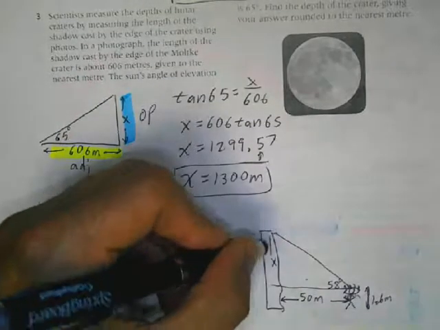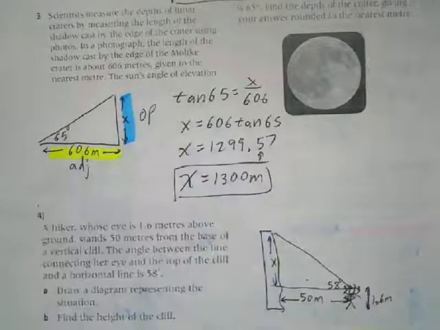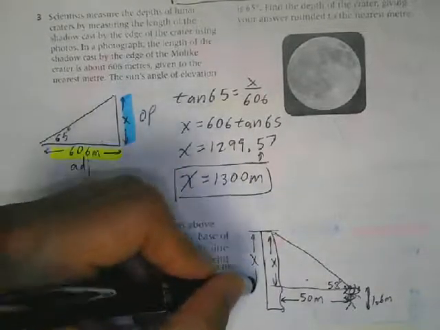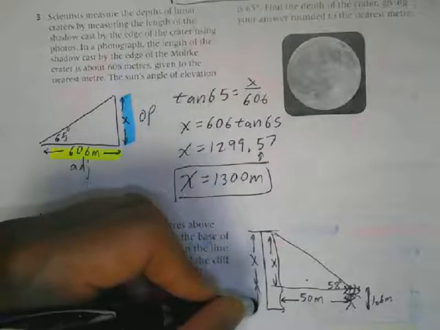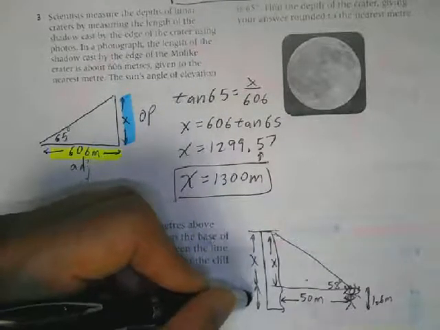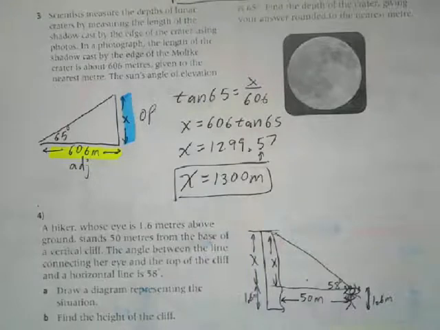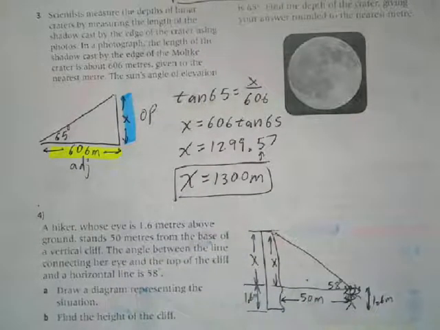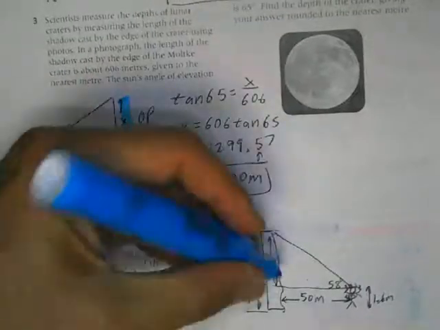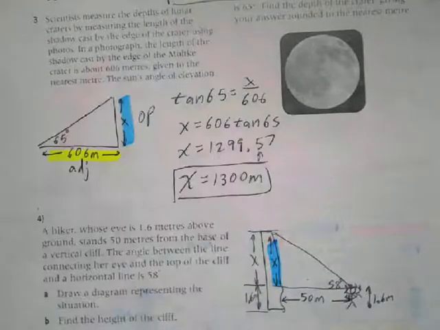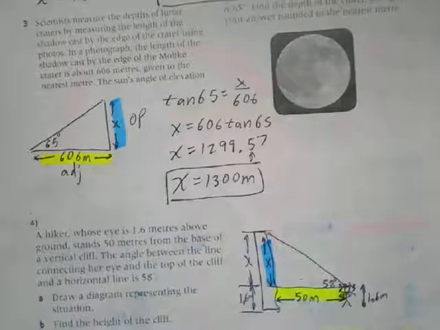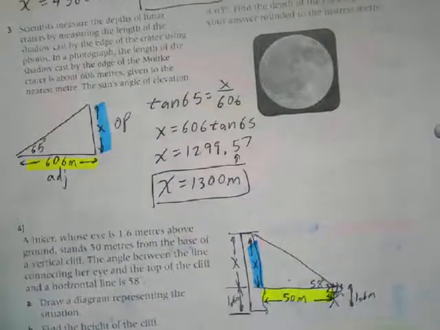So we need this distance, and the height of the cliff is going to be x plus 1.6, because we have to account for the person's eye off the ground. So we've got opposite from the angle, we've got adjacent to the angle. We're going to be using tangent.